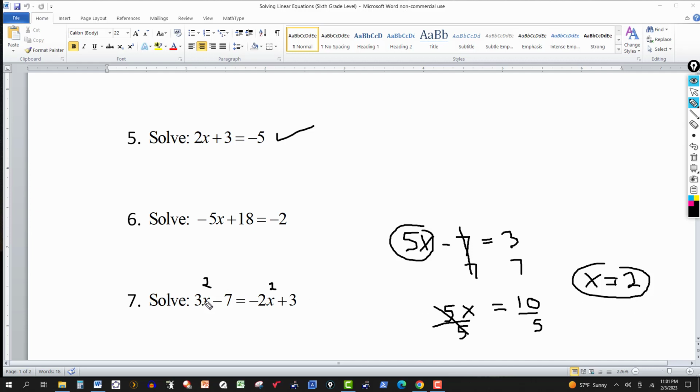But here we go. 2 times 3 is 6. 6 minus 7 is negative 1. 6 subtract 7 is the same thing as 6 add a negative 7. So you subtract 6 from 7 and take the sign of the larger absolute value, that's negative.